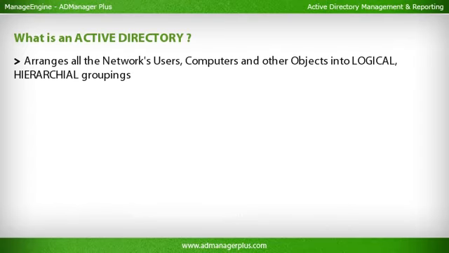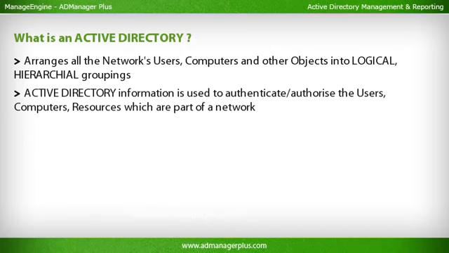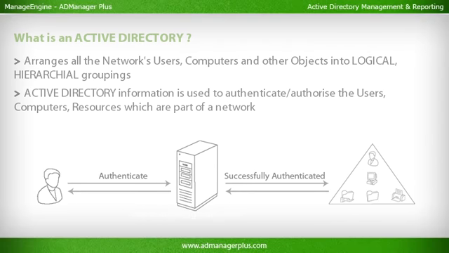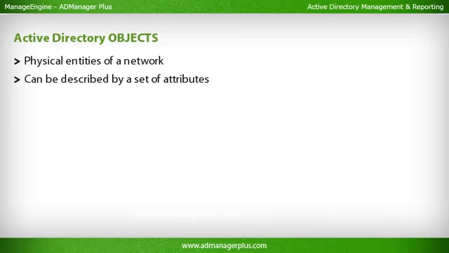Arranges all the network's users, computers and other objects into logical, hierarchical groupings. Active Directory information is used to authenticate, authorize the users, computers, resources which are part of a network. Active Directory objects, physical entities of a network, can be described by a set of attributes.